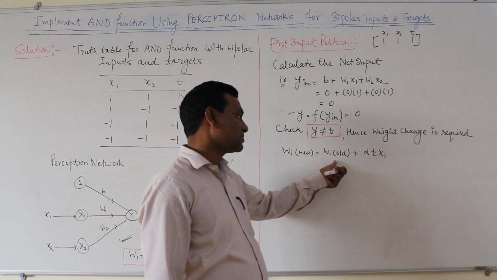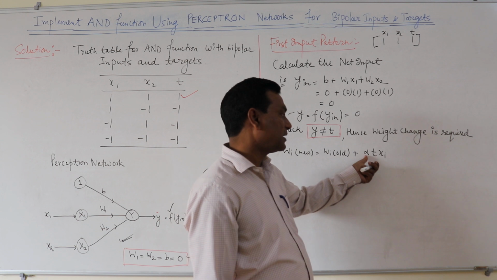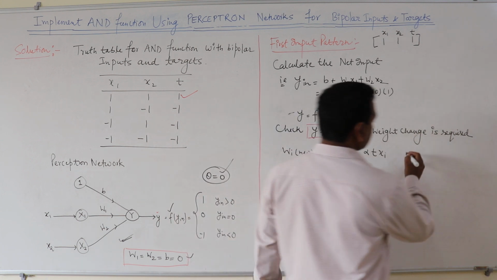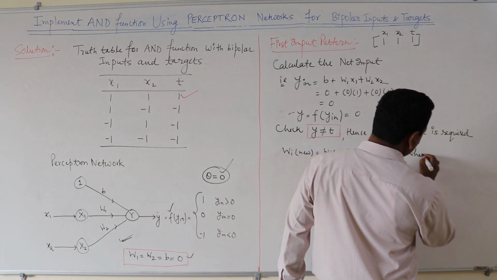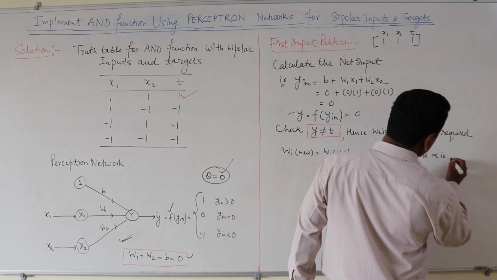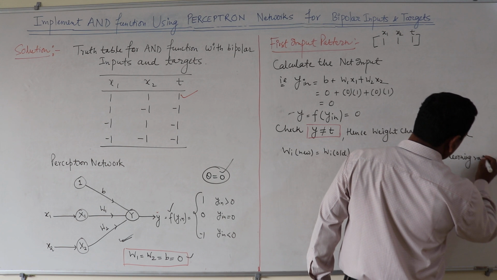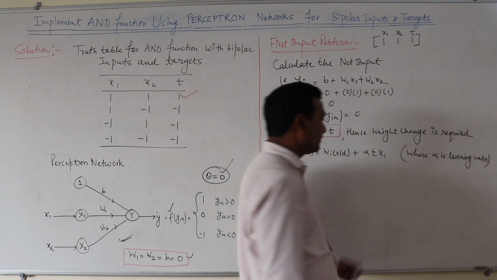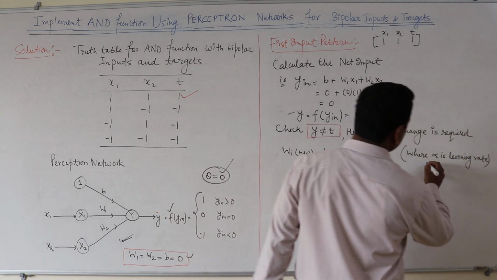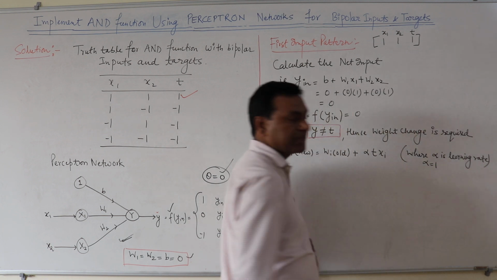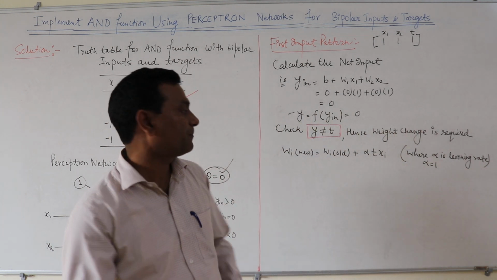This is new, this is old. This is the learning rate parameter. Alpha is the learning rate. Here we are taking it as 1. It can be between 0.1 and 1.